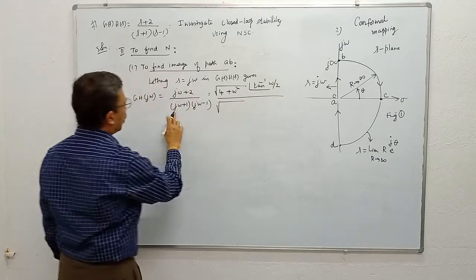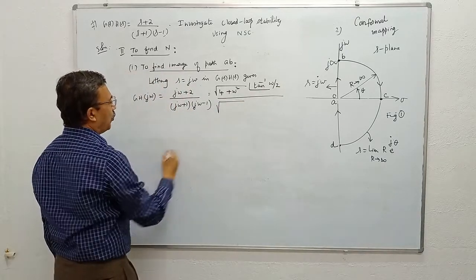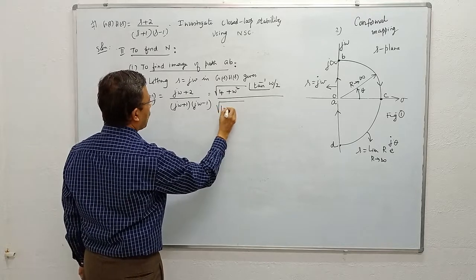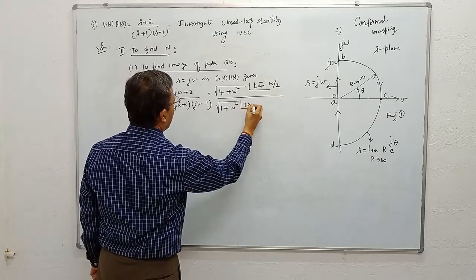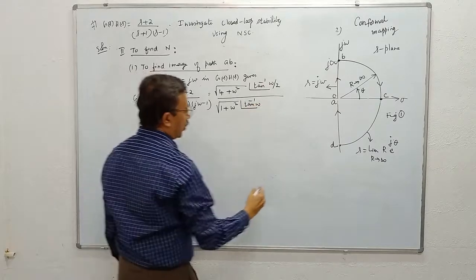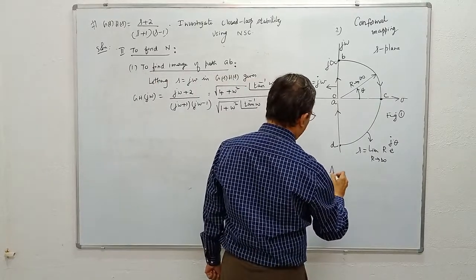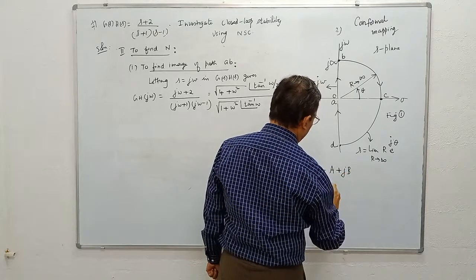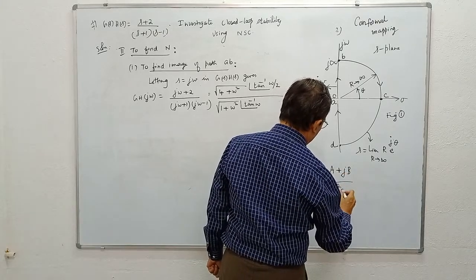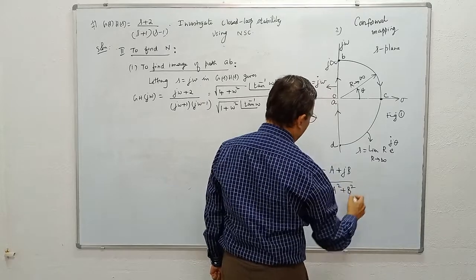Denominator j omega plus 1, express it in polar form. Real part square plus imaginary part square. Angle is tan inverse of omega. If you have a complex number of the form minus a plus jb, real part is negative. Magnitude is root of a square plus b square.